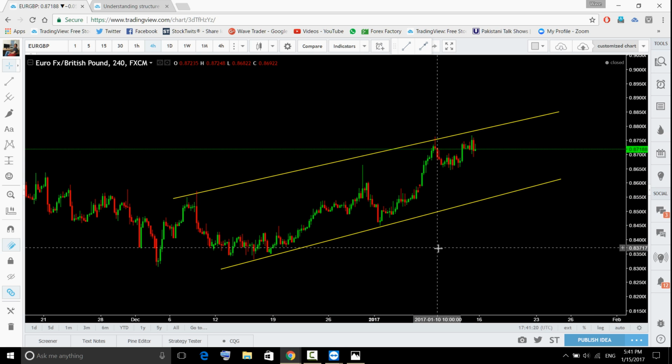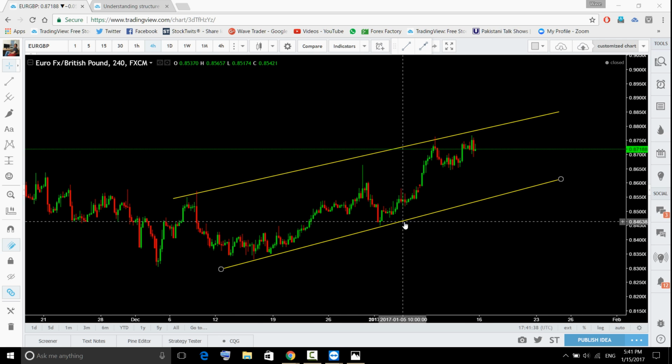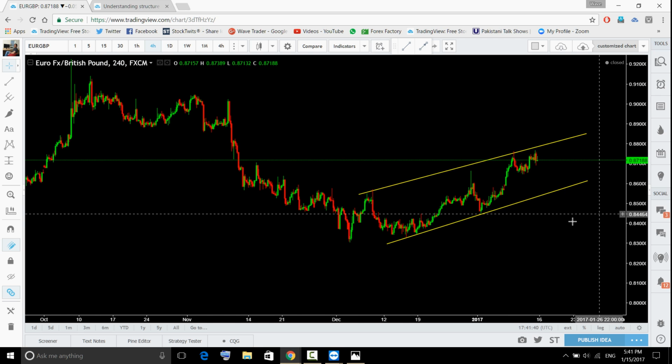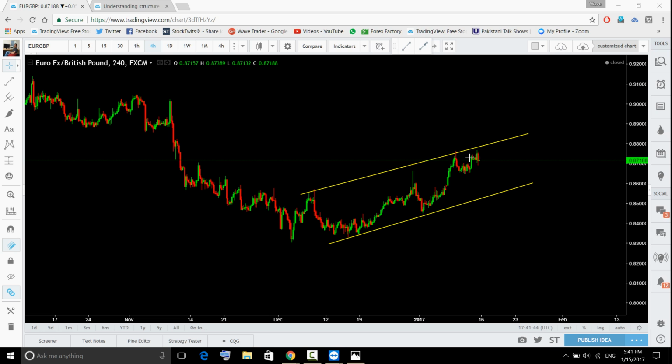If there is a gap, then we may see some strong reaction by the market. So be careful. Currently we are looking for the downside, we are not looking for the upside, because there is strong divergence. That is the reason we are looking to the downside. The first is this, and the next is further down.